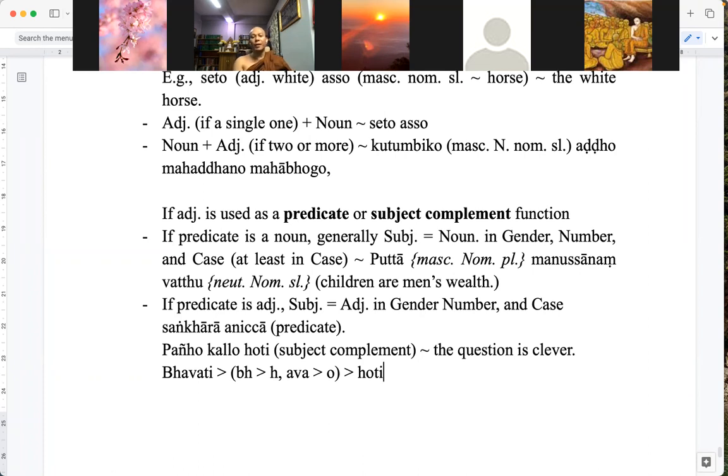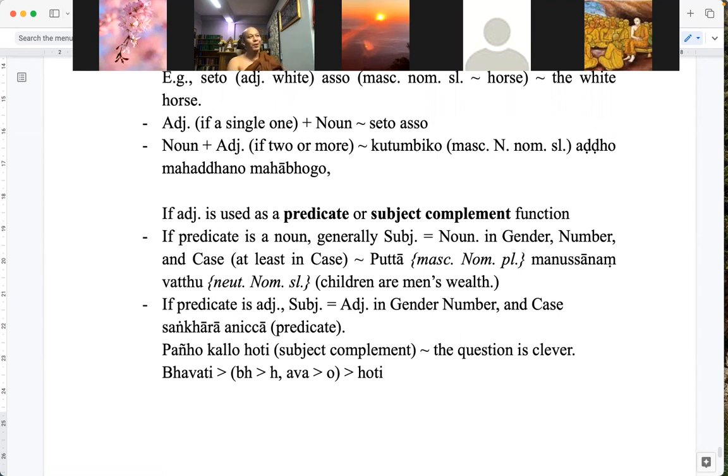But in future tense, no root as. That is the only bhavati we use. So when we use the future tense, we use bhavati, to make it in the future tense. We don't use hoti to make the future tense, right?